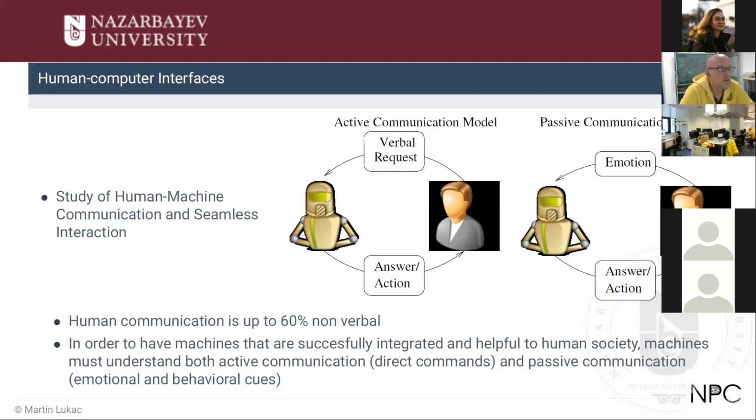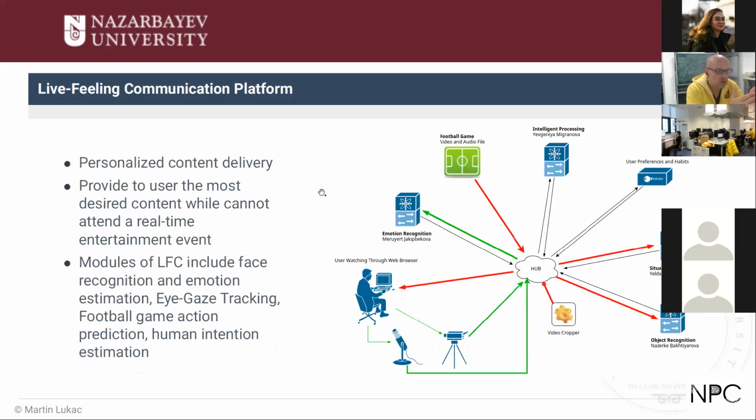For example, if you make a machine read a joke, it is generally not funny, not only because the machine doesn't know how to properly say it, but because it doesn't really know the context. So communication as we know it is much more complex, and the words are only a part of it.